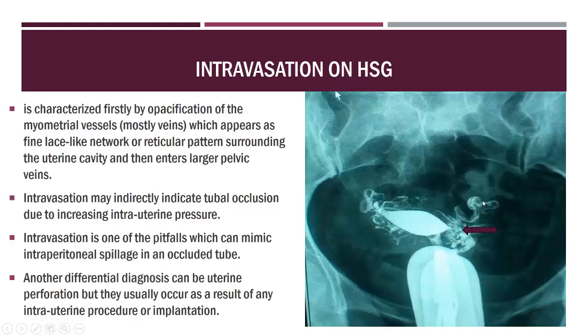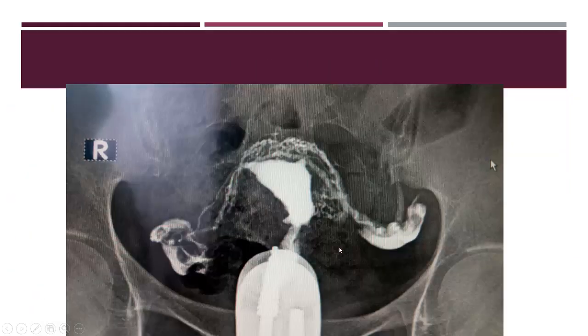But of course, in this case there is no occlusion because both fallopian tubes appear normal. Intravasation is one of the pitfalls that may mimic intraperitoneal spillage in an occluded tube. Another differential diagnosis may be uterine perforation, but it will not delineate the myometrium as we see in cases of intravasation.